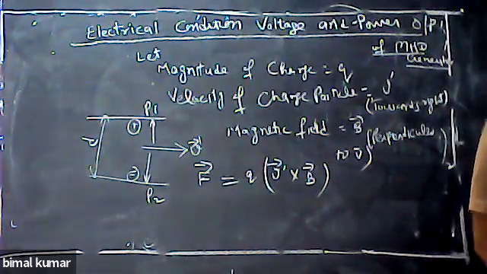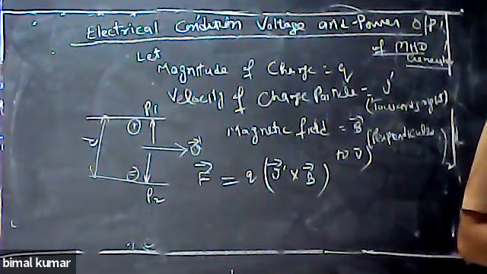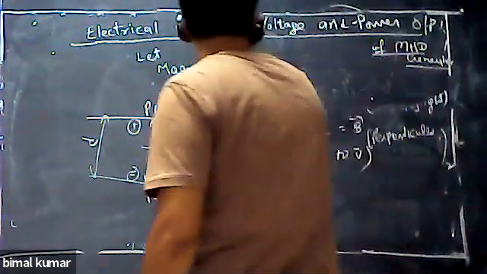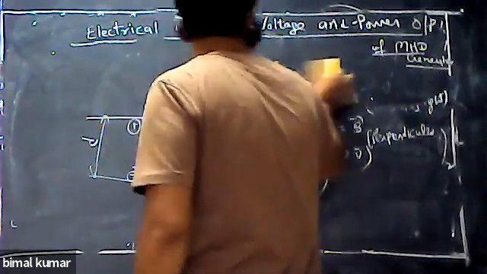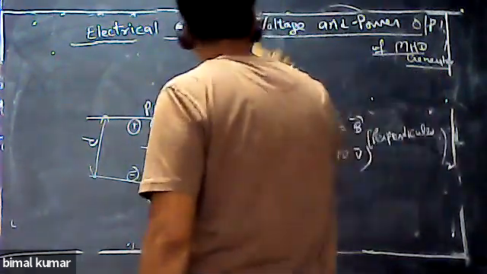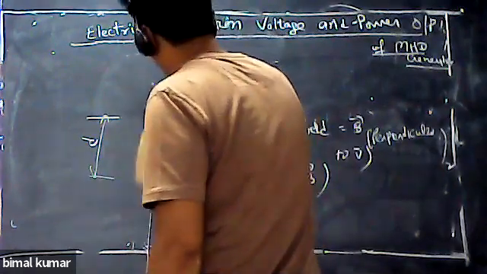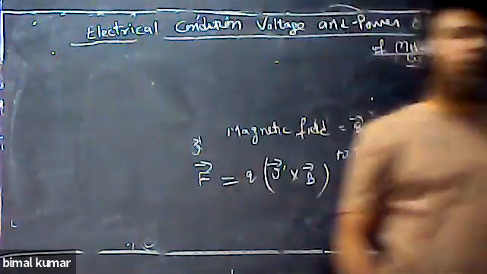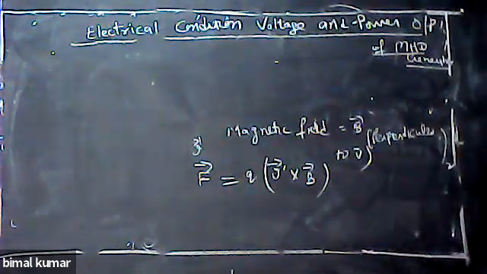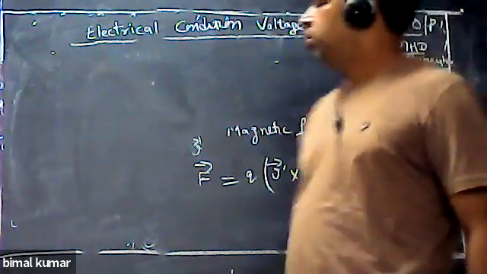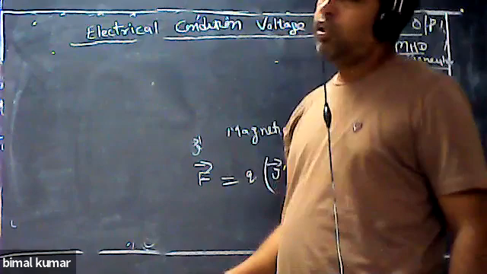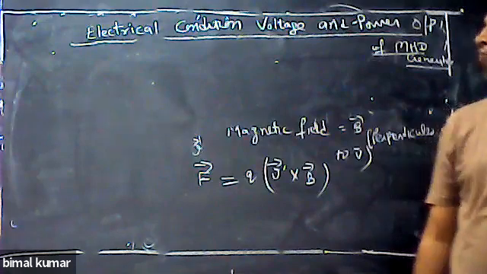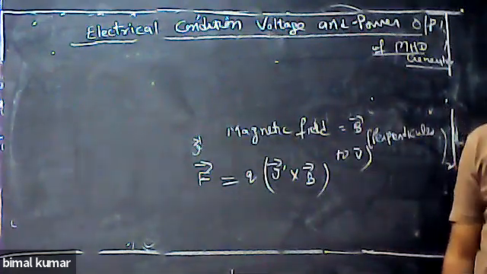Now, at the same time, an electrical field also occurs in the same setup, because we had already considered that all this happens under the influence of the electrical field. The magnetic field is there, and due to the presence of the electrical field, a force will also occur, right?